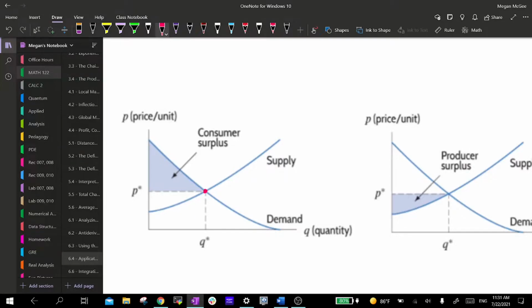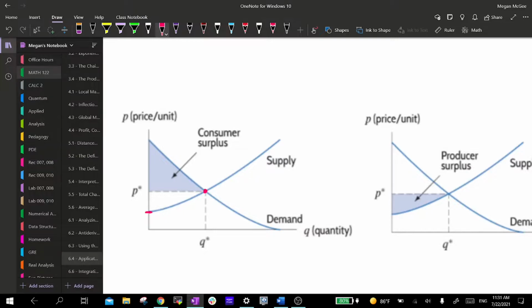On our demand curve, this is the highest price that consumers would have been willing to pay, and on the supply curve, this is the lowest price that the producer would have been willing to sell at.